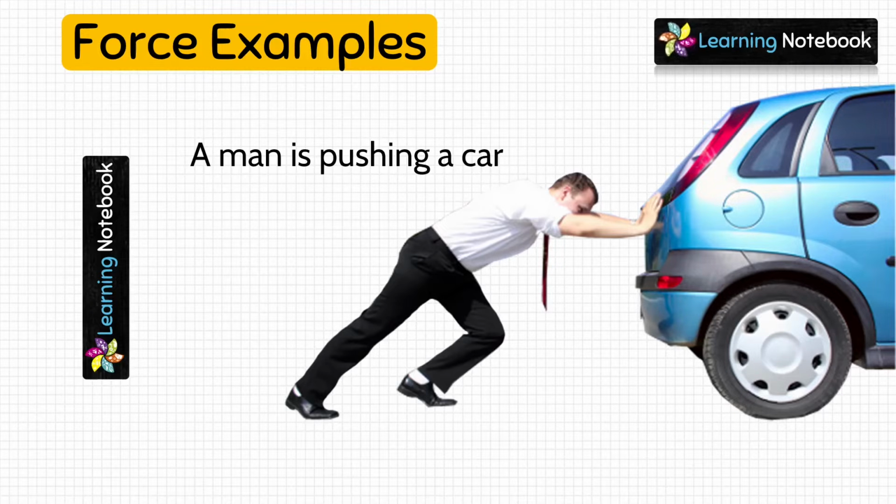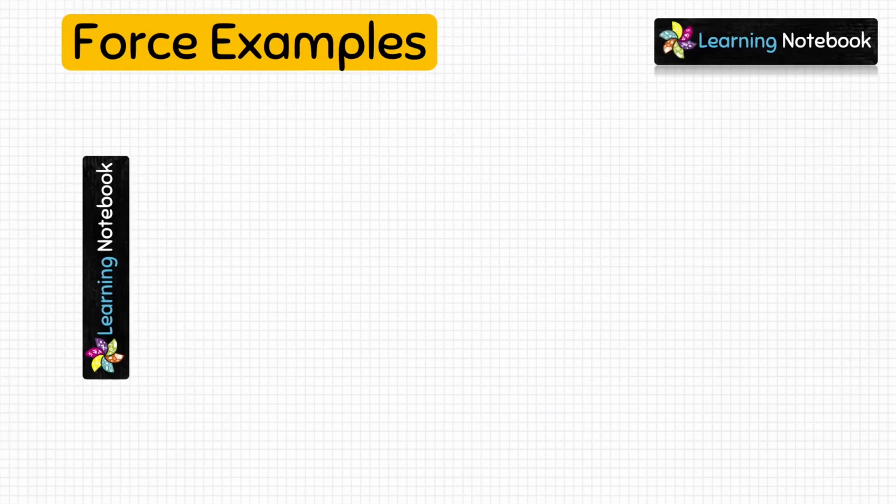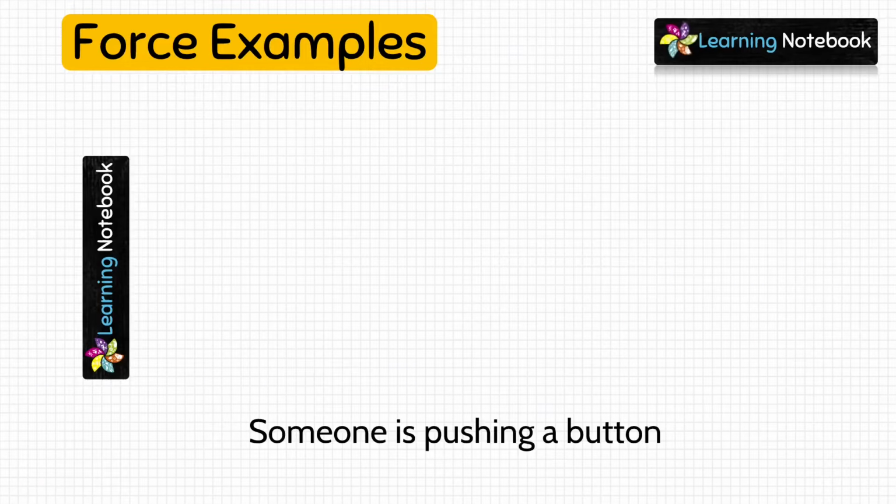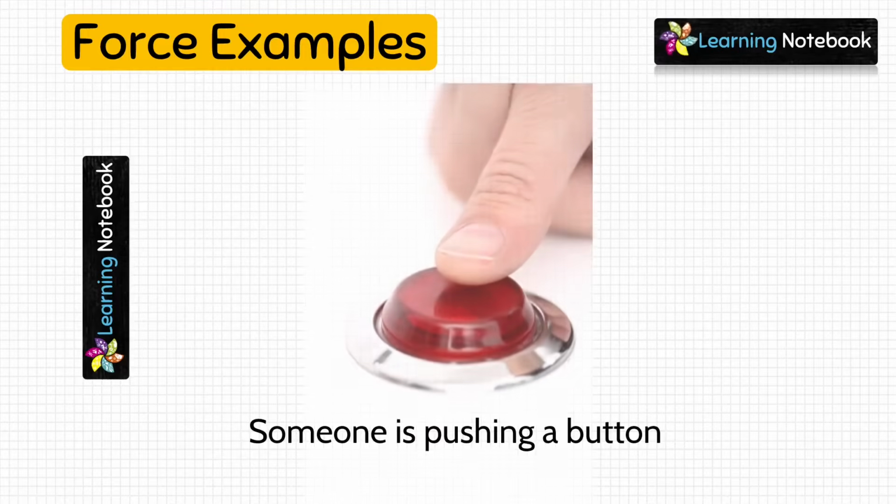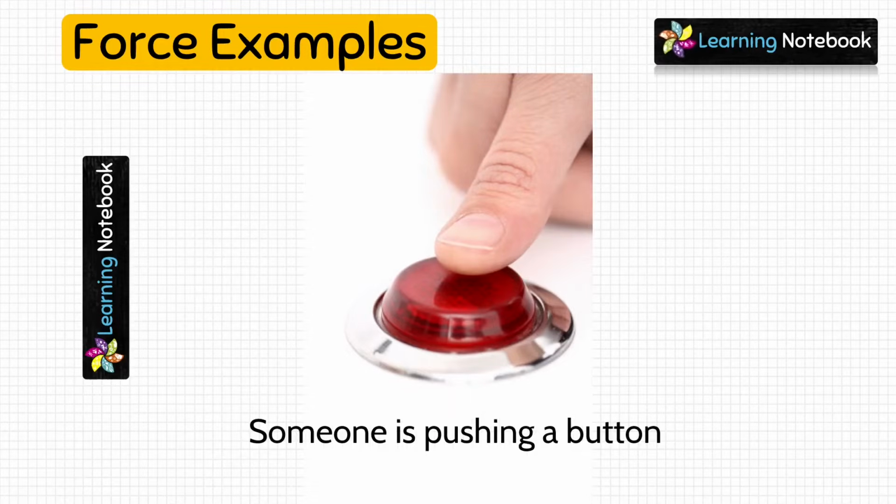So this is another example of force. Next example is, here someone is pushing a button, or we can say he is moving the button away from him. So these were the examples of force.